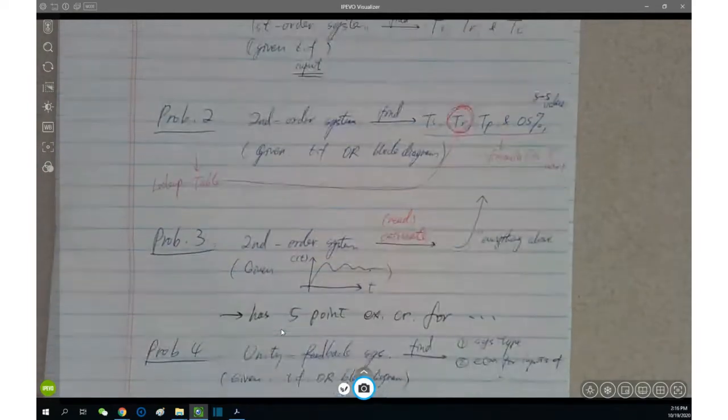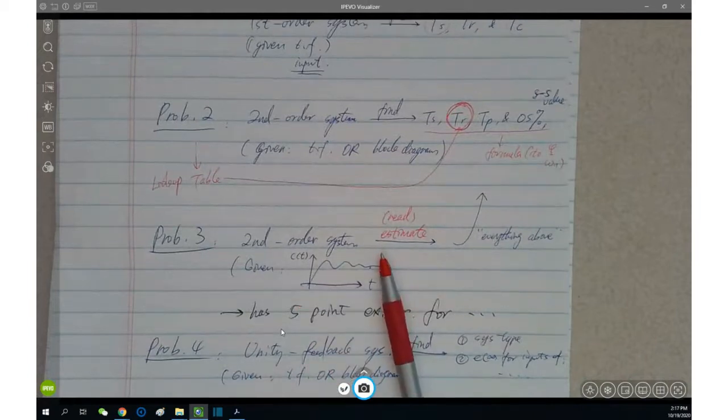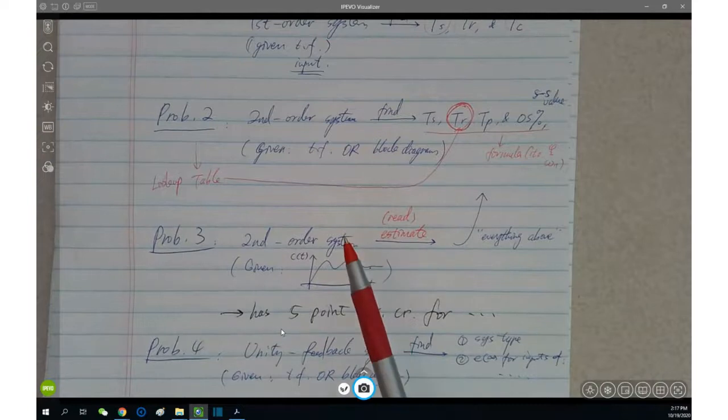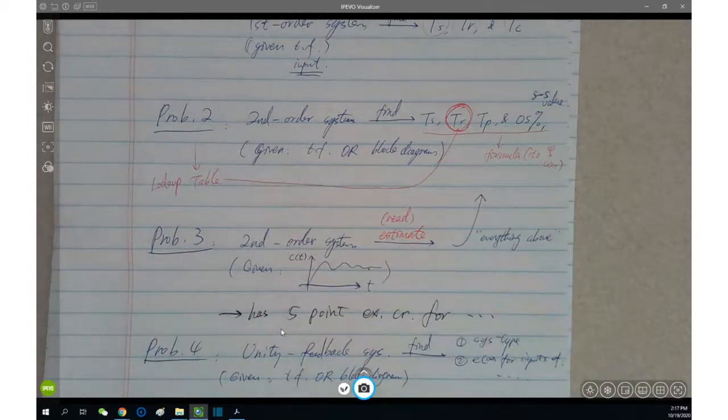You read the TP, TR, and TS from the given graph, and then you might want to go back to zeta and omega n, or even the poles. So problem 2 and 3 are procedure-wise opposite. Make sense?